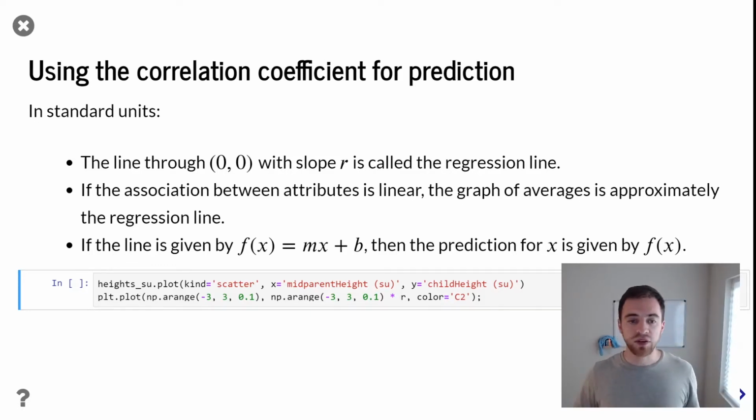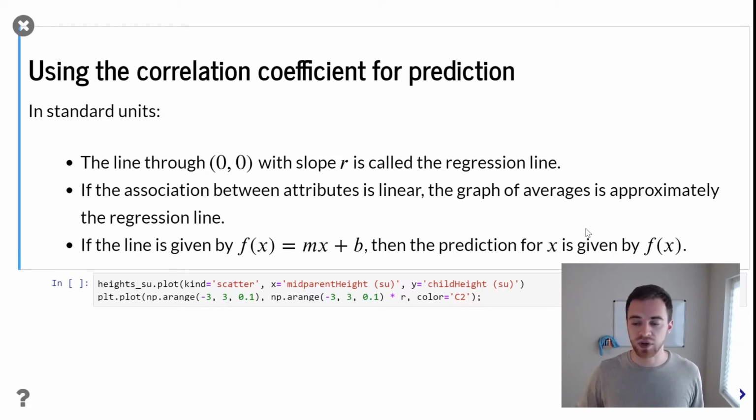So if we adopt this form that you probably used in high school for a straight line, mx plus b, then the prediction for a given input x, in other words, you tell me a mid-parent height and I want to know what the height of their child will be, well then to predict their height, I'm going to evaluate the function f of x.